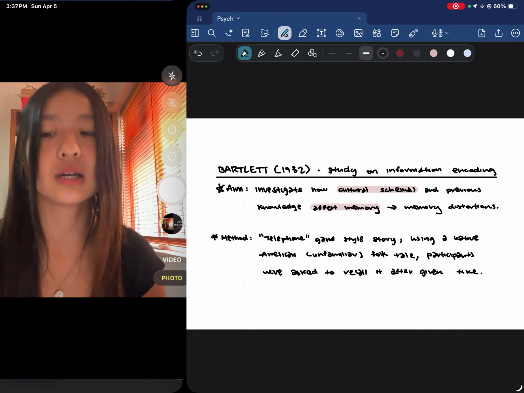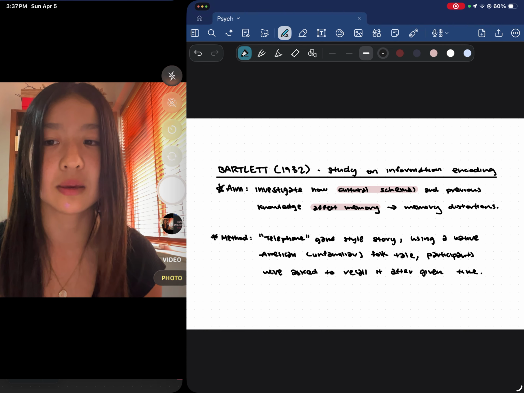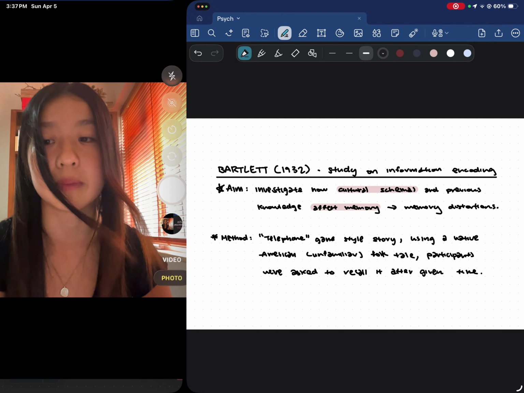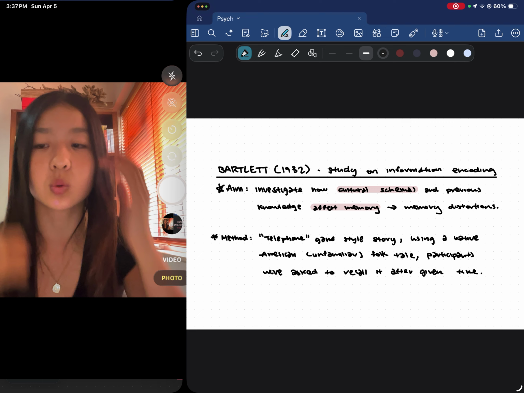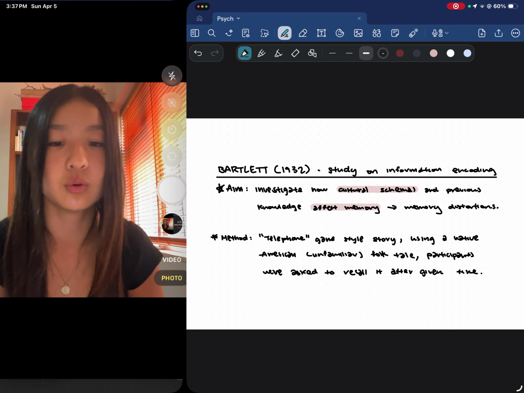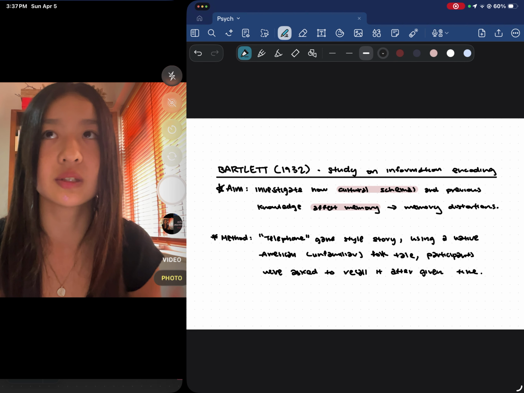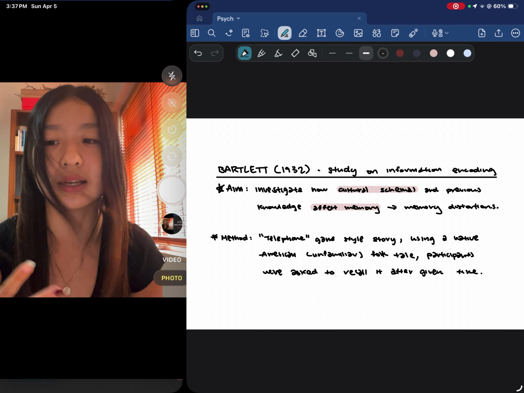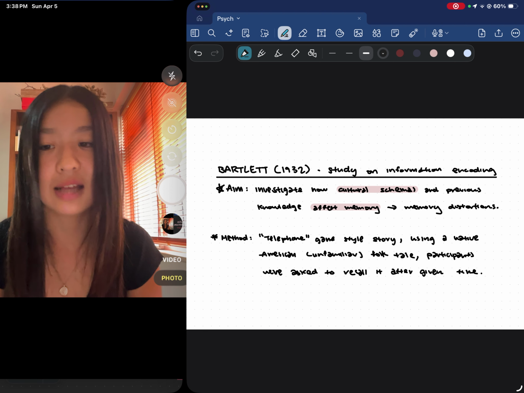One theory that looks into schemas, but really focuses on cultural schemas and information encoding based on memory, is Bartlett's War of the Ghost study in 1932, where he wanted to see how individuals' cultural schemas would lead to certain distortions in the retelling of a story and see if that would directly affect their memory.